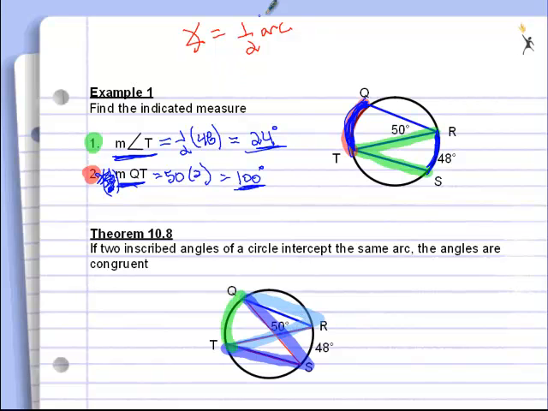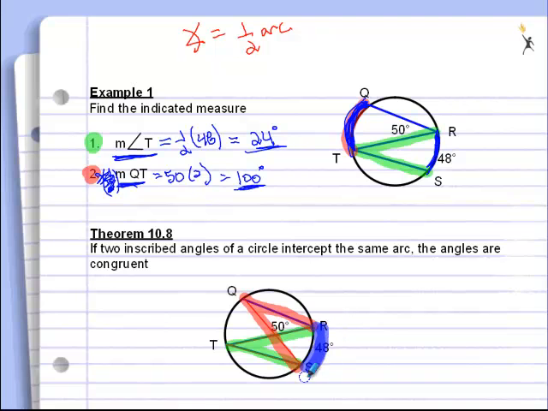We're also told, in this problem, we can see that RTS and RQS both intercept arc RS.